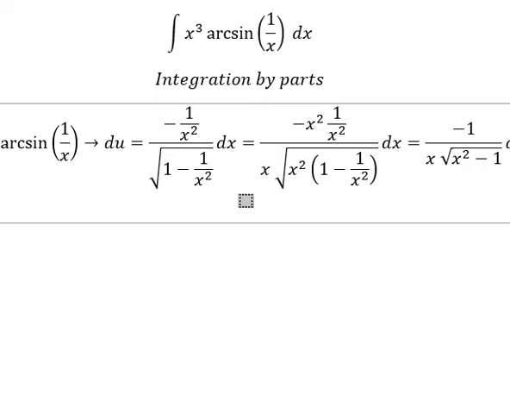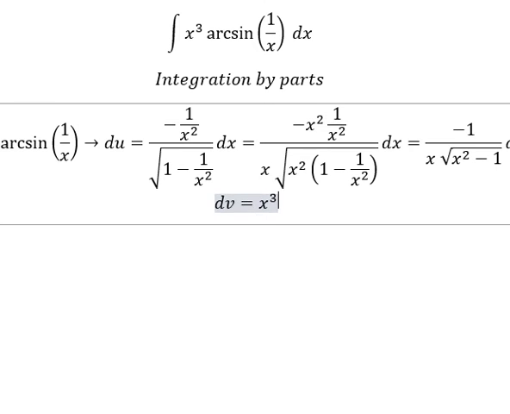The next one, dv, that is s to the power of 3 ds. The integration of this one, we have v equals s to the power of 4 over 4.